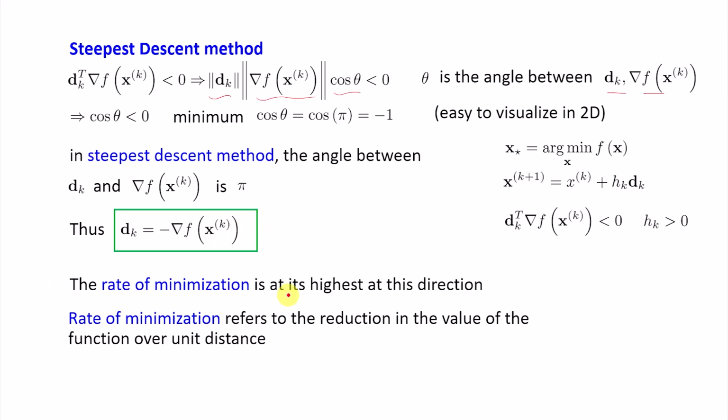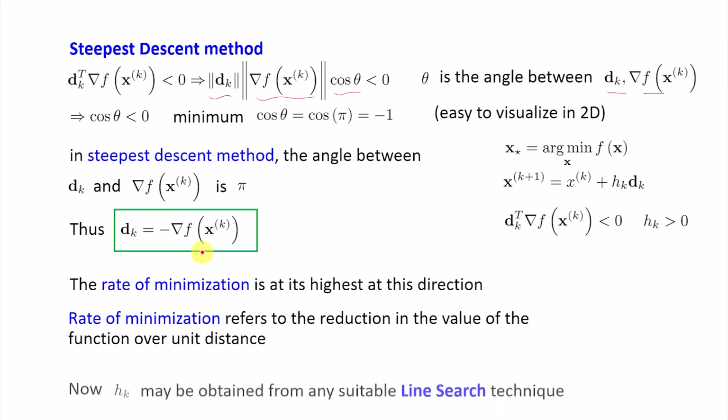So we can see the rate of minimization is highest in this direction, and by rate of minimization, we refer to the reduction in the value of the function f over unit distance. If I go a unit distance in any other direction, I will not get as much reduction as I get if I go in this direction, against the gradient.